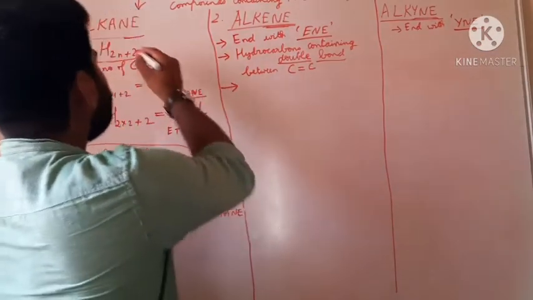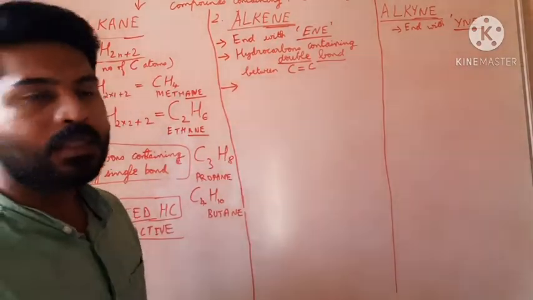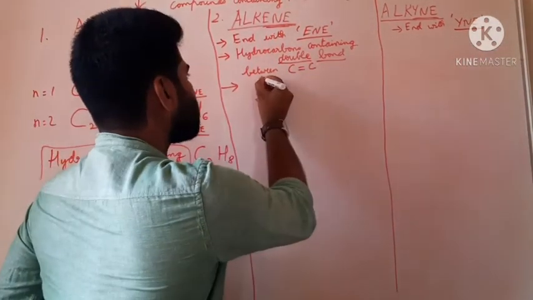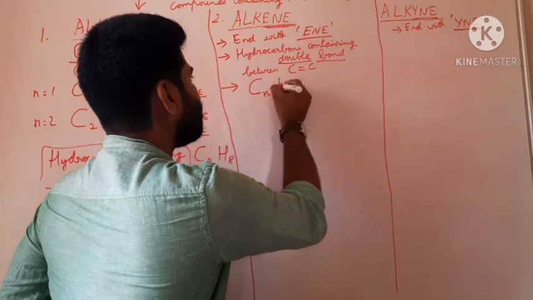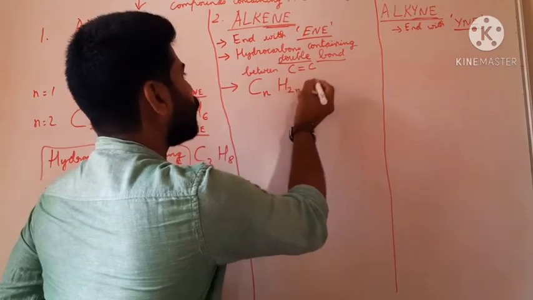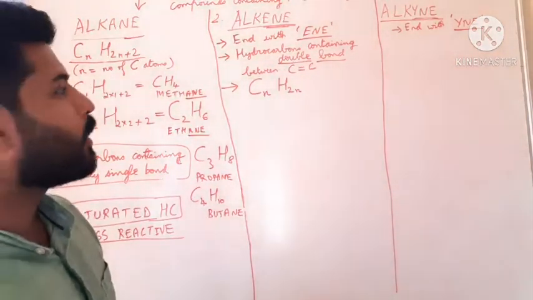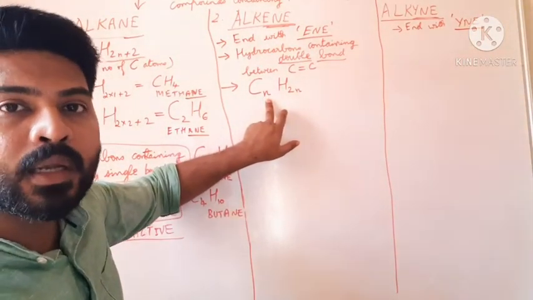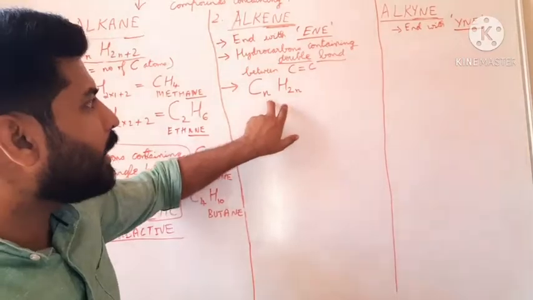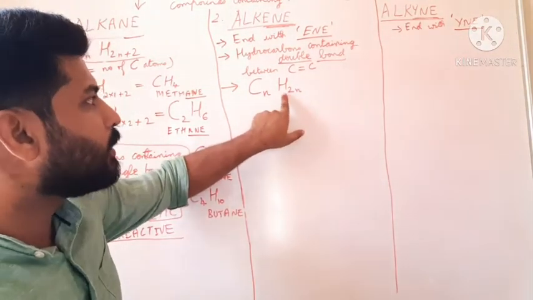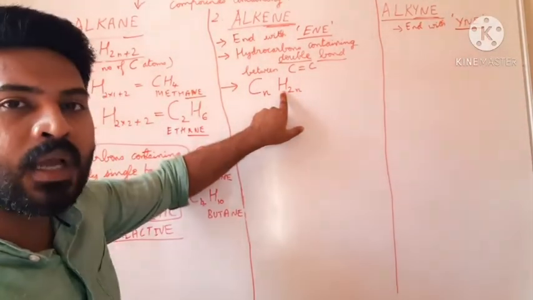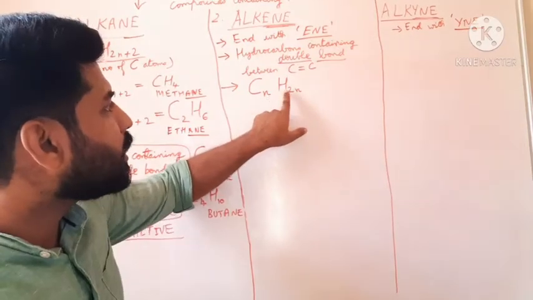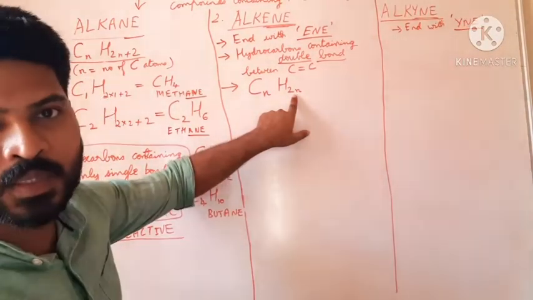What is their general formula? The general formula of alkenes is CnH2n, where once again n refers to the number of carbon atoms, and in this case you see that the number of hydrogen atoms is exactly double the number of carbon atoms.